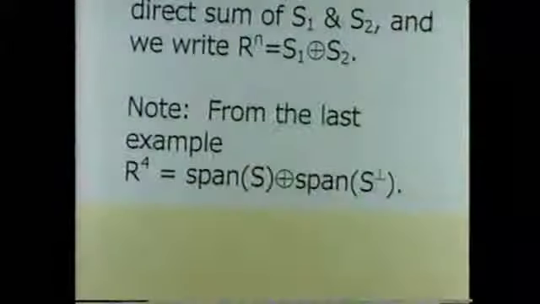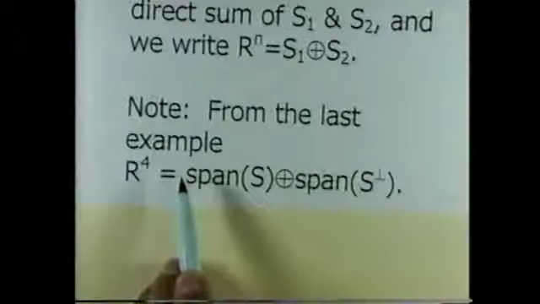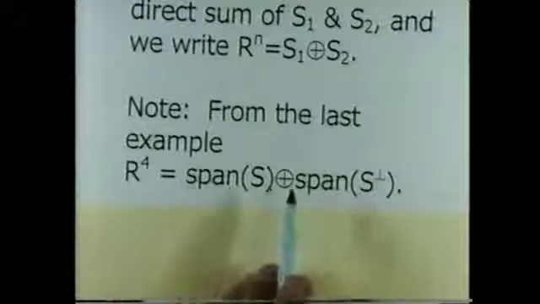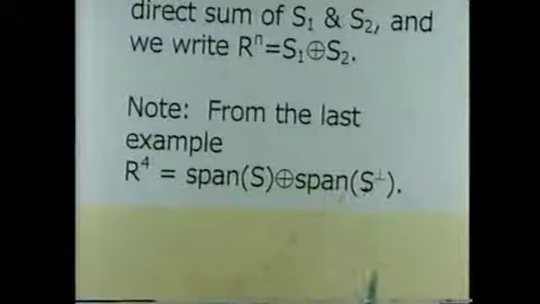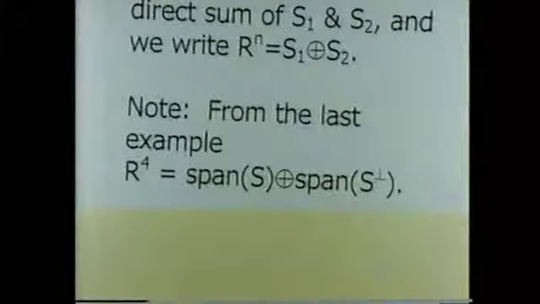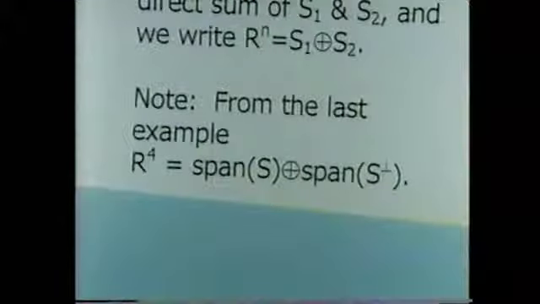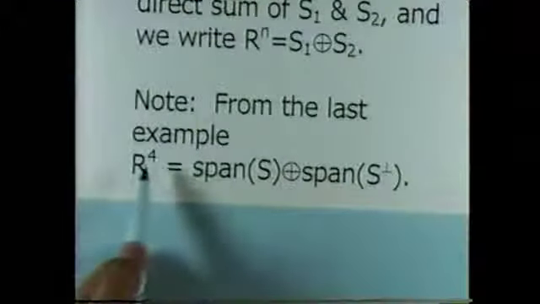From the last example, 4 space is the direct sum of the span of S plus the span of the orthogonal complement of S. Well, to see this, let's go back and let's pick any vector from 4 space.